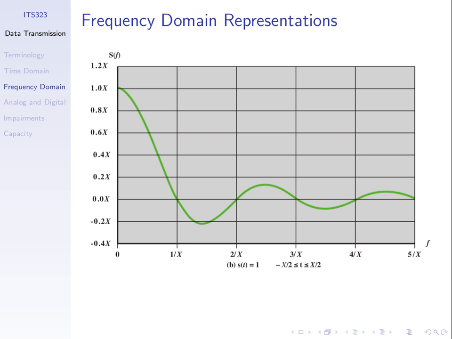So if this is our signal in the time domain, we have some level and then down to 0 for the rest of time, then in the frequency domain it looks like this. The point is that we don't always just have a single impulse or a set of impulses here. It can be continuous in the frequency domain. And in practice they look like this. That is, in the frequency domain it's a continuous plot.